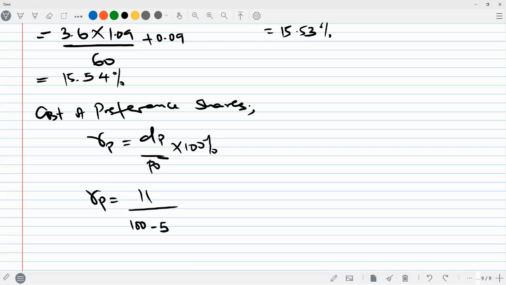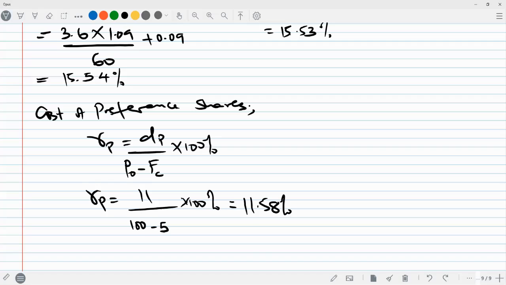So here it will be equal to P0 less the flotation cost, the net amount received for every share issued, which is 100 minus 5, and of course we express this as a percent. This gives us how much? 11.58%.